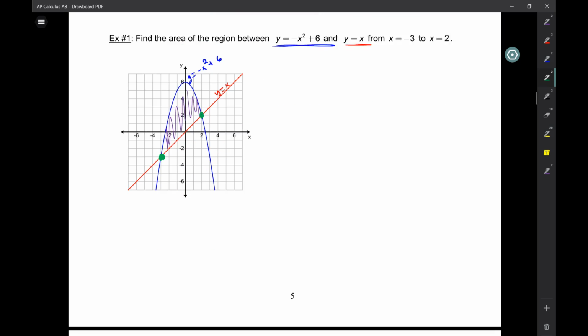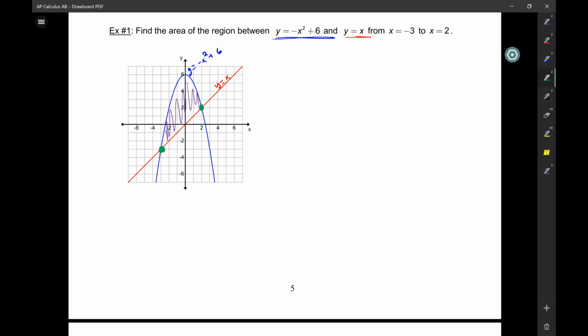In this problem, you're given the bounds. Sometimes you won't be given the bounds, but are you able to find the point where the two functions intersect? You can find it on the calculator. For a function like this, can you find it manually? Yes. What would you do? You just set them equal to each other and you solve for x.